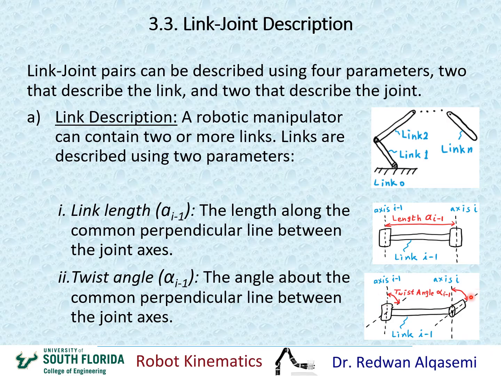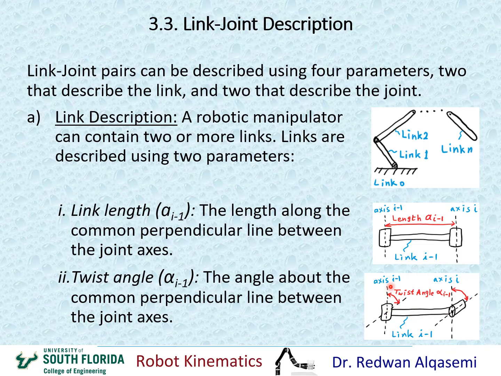If we take this axis i and shift it into here so that we can see the angle, this axis right here is axis i. Now we can clearly see that angle in red, which is the angle between axis i-1 and axis i about the common perpendicular.